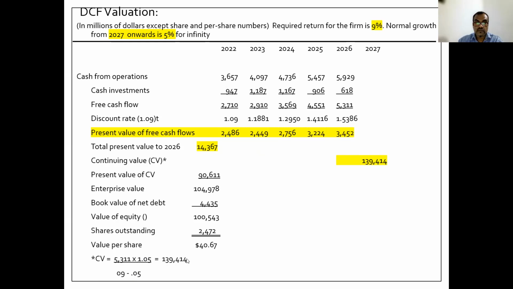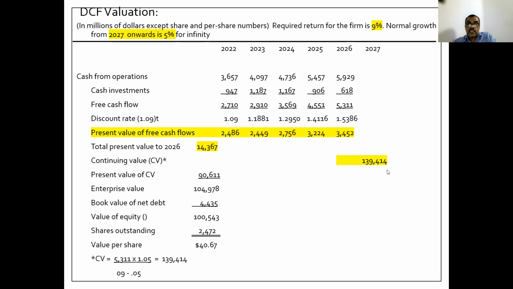Therefore, at 4%, it gives you 139,414. This is what we call the continuing value. That means the summation of present values of all the cash flows starting from 2027 to infinity. That's the meaning. But its time horizon starts from the end of 2026.